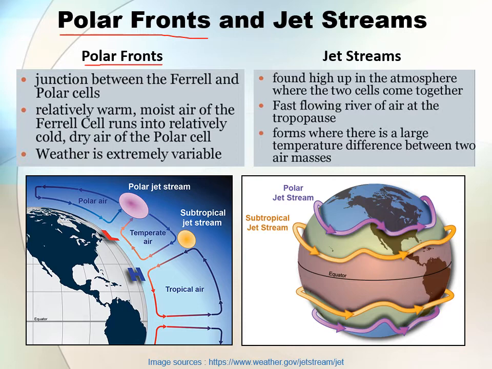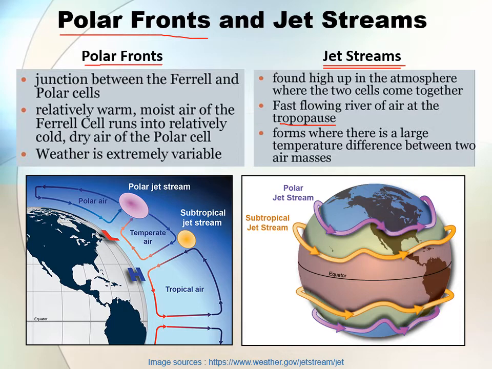When close to the tropopause, two different winds, one warm and the other cold, meet high in the atmosphere, there forms a narrow strip of high flow wind, and this wind is known as jet streams. So often it looks like a fast flowing river of air close to the tropopause. So jet streams are also formed due to the collision of two different temperature bearing winds, but it occurs close to the tropopause, upper in the atmosphere.